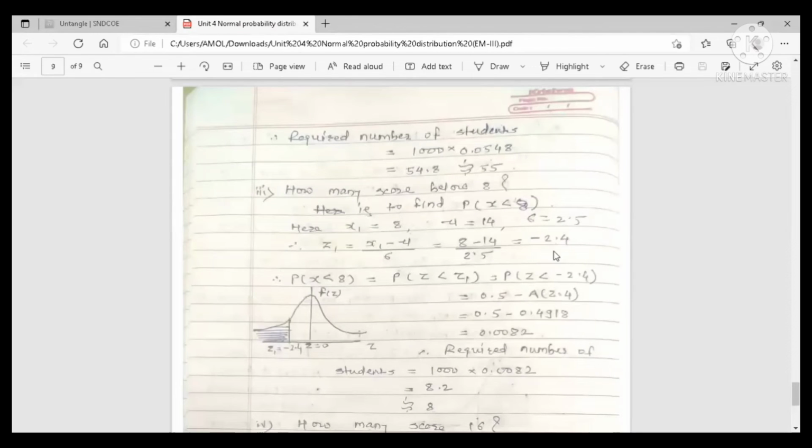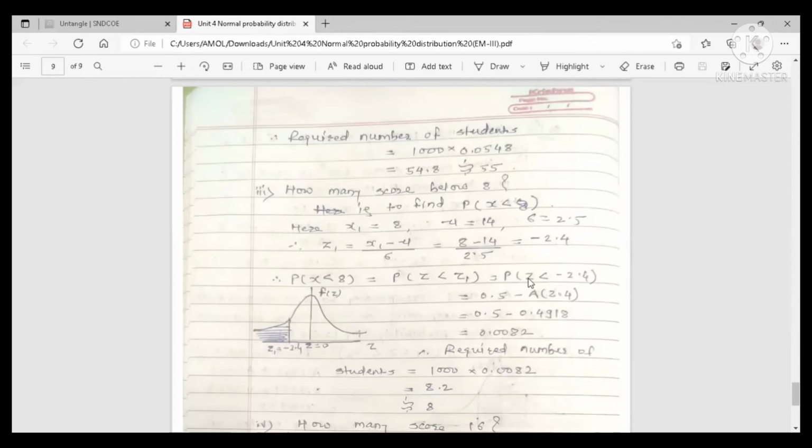The value of Z1 is negative, so if we draw the diagram, Z1 will be on the left hand side of the normal distribution curve. Z1 is equal to minus 2.4. Now we want the probability of X less than 8. We have converted that X in terms of Z, so we want the probability of Z less than Z1, which is minus 2.4.